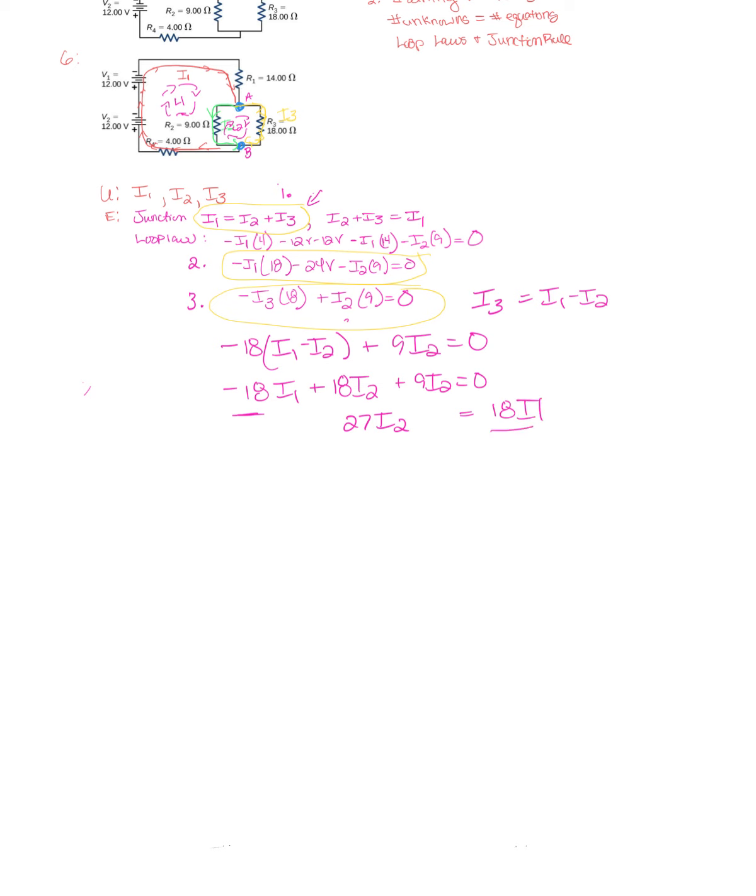And then we can divide by 27 to solve for I2. And so that's going to give us 2/3 I1 equals I2. And then we can plug this 2/3 I1 into equation number 2.